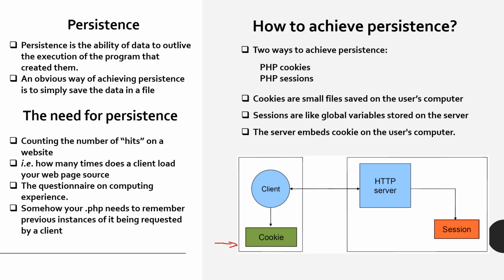Sessions, on the other hand, are available in the server itself. It's just like global variables stored in the server, so globally it is accessible. Now let's discuss cookies and sessions one by one.